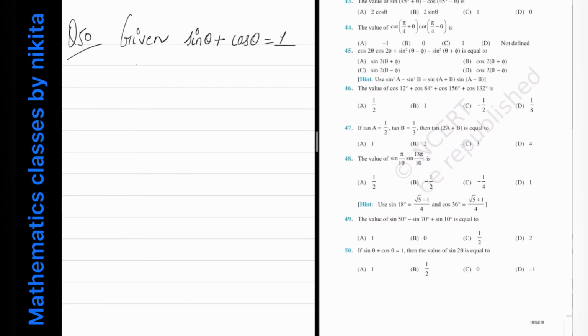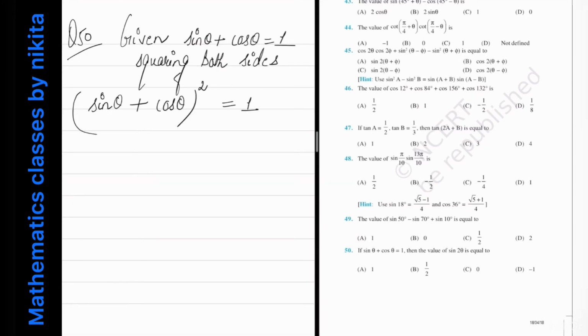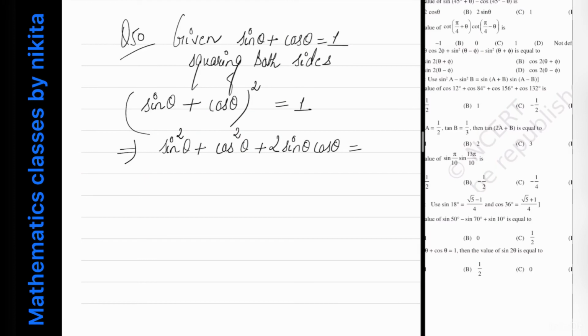So what we will do is, let's square both the sides. So squaring both the sides, what you will get? You will get sine theta plus cos theta whole square is equal to 1 square, which is 1. Now open the square. You will get sine square theta plus cos square theta plus 2 sine theta cos theta is equal to 1.